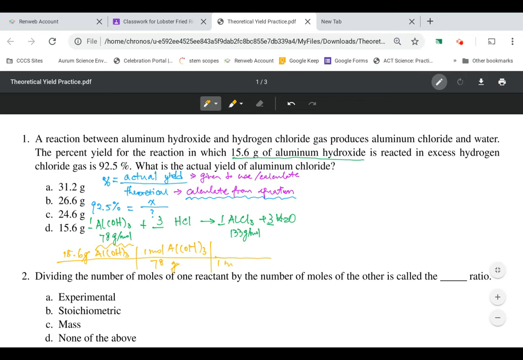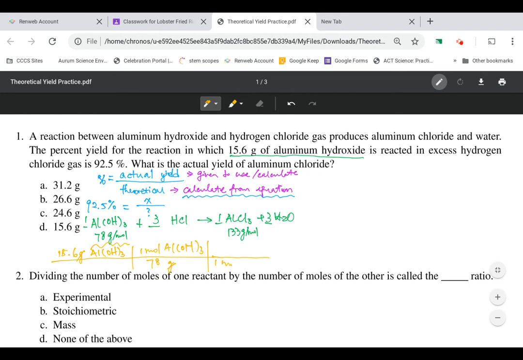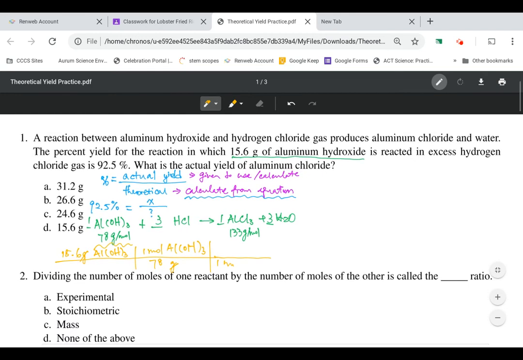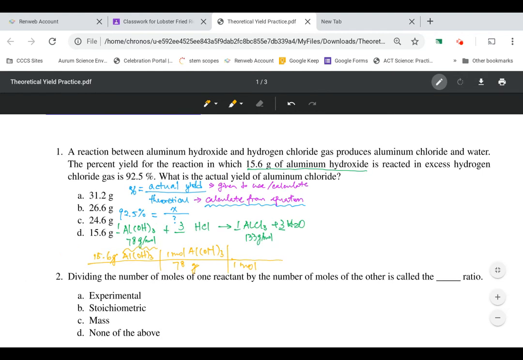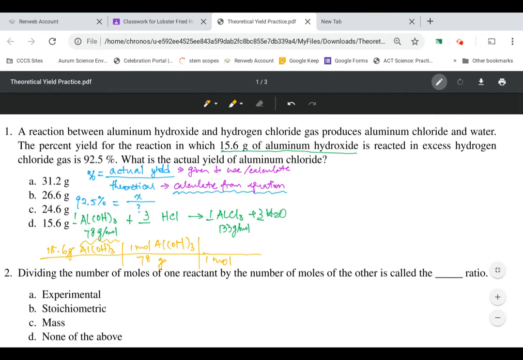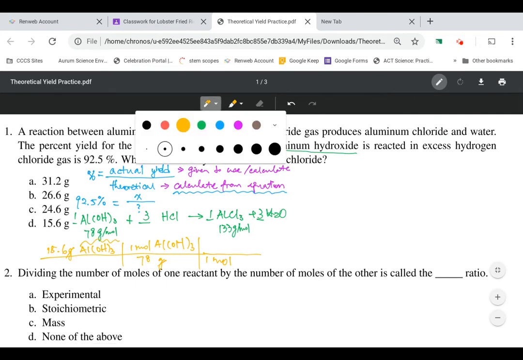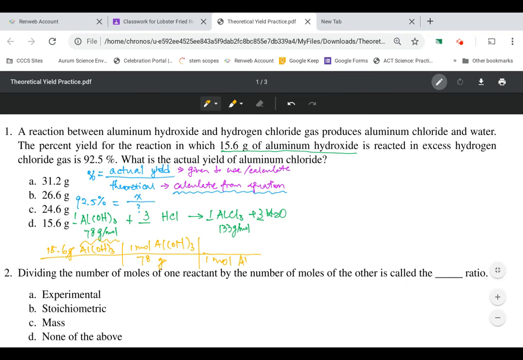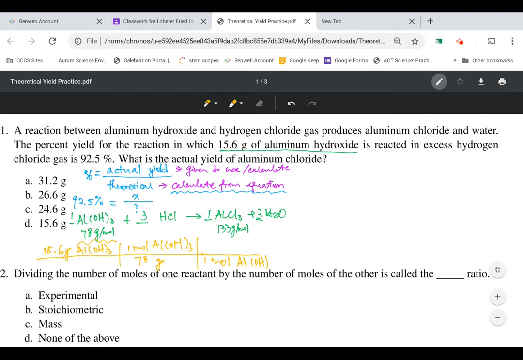So 1 mole AlOH3 gives you 1 mole of AlCl3.